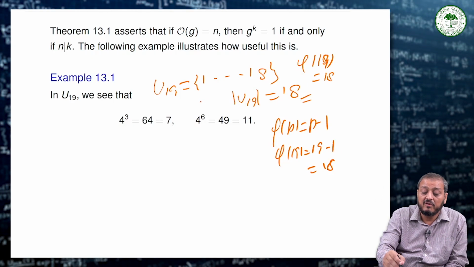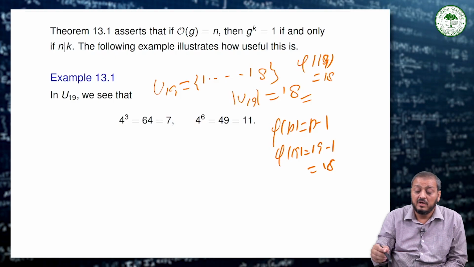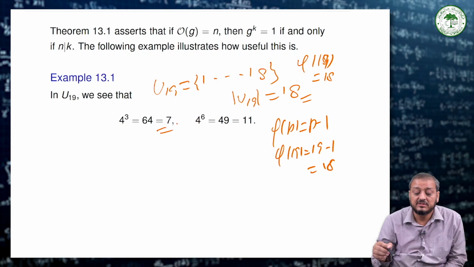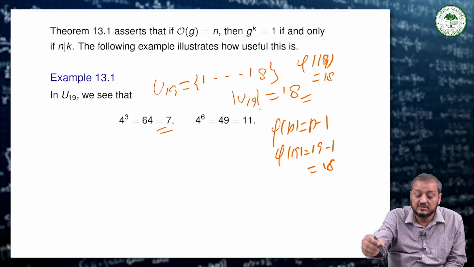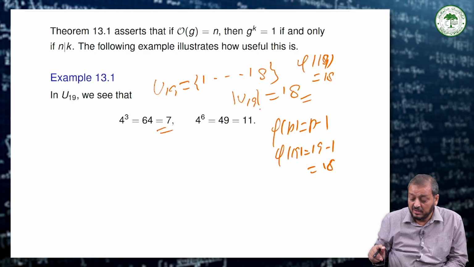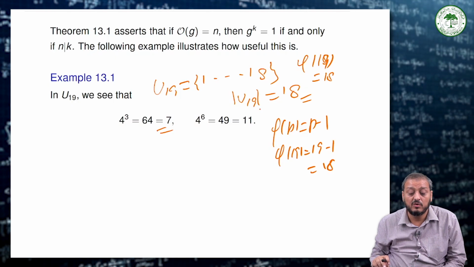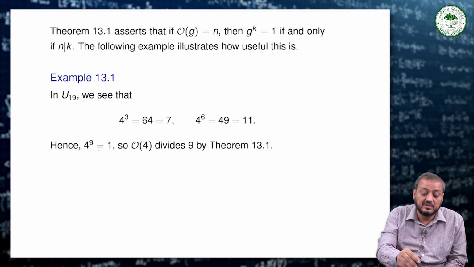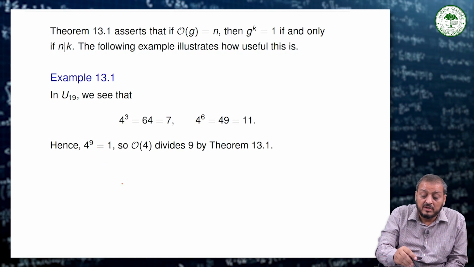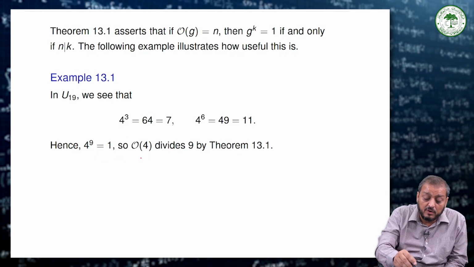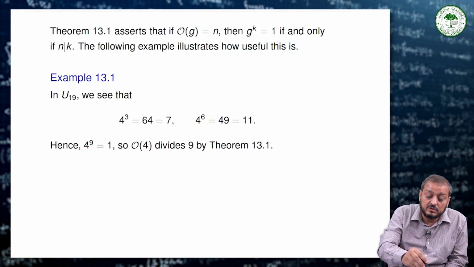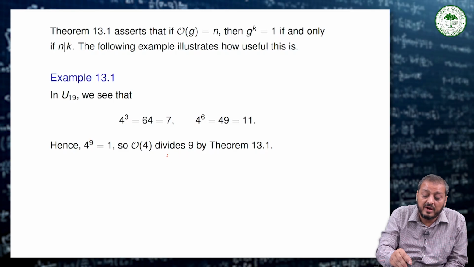So, we just take one of the elements, suppose 4. 4 to the power 3 is equal to 7, and 4 to the power 6 is equal to 11, and then we go further to 4 to the power 9, and 4 to the power 9 is equal to 1. So, the order of 4 divides 9.